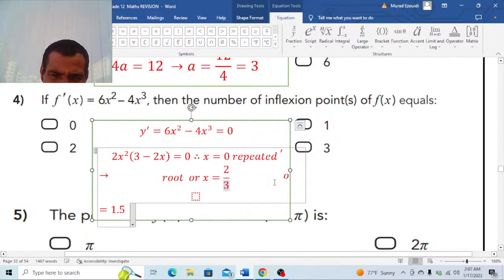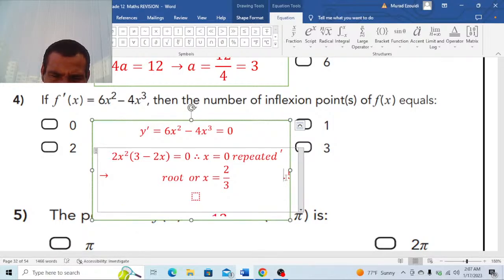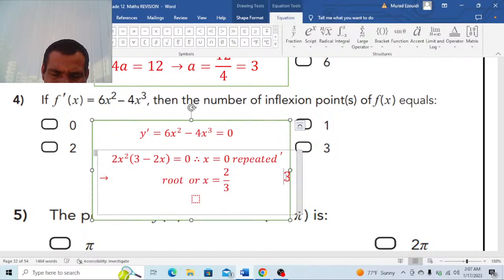So we have 3 roots, which means 3 inflection points for the graph.